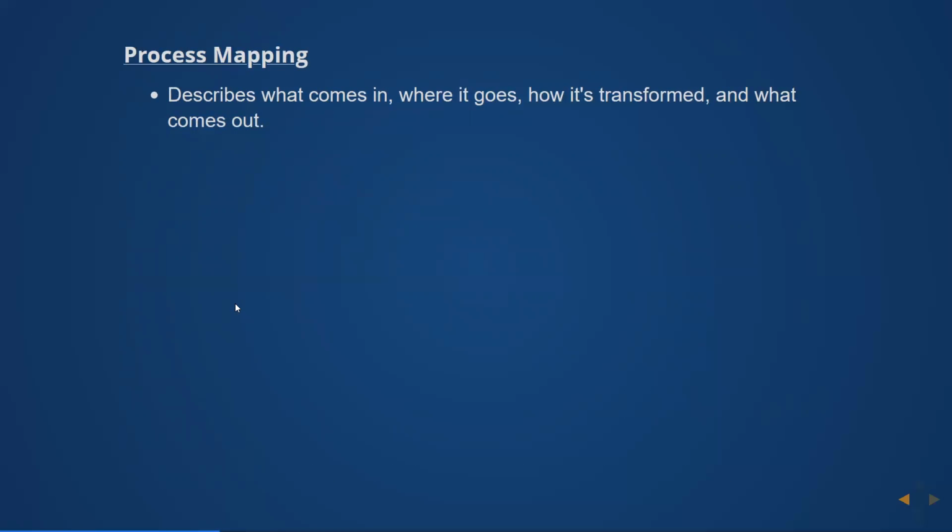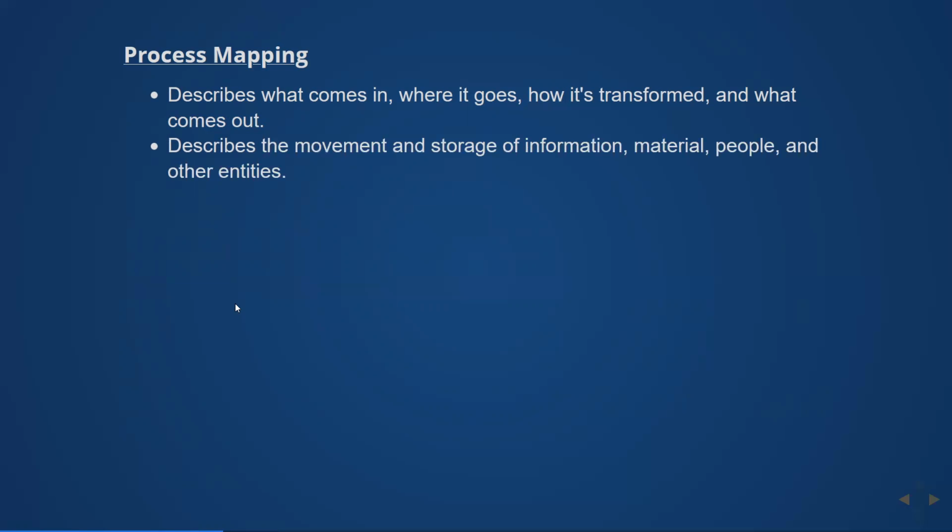All right, when it comes to process mapping, again, represent this visually in any way that works. I'm going to go through a few examples, give you a few things to think about, but most of all, you have some kind of bounded process that has a beginning, middle, and end, and you describe what comes in, where it goes, how it's changed, and what is produced.